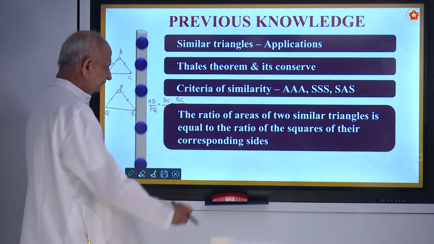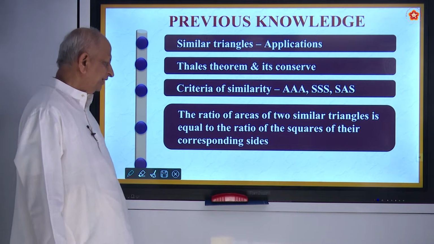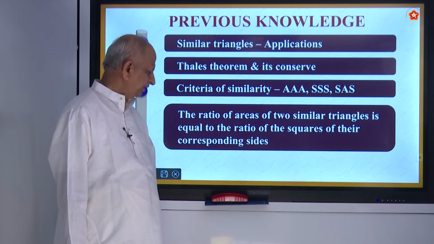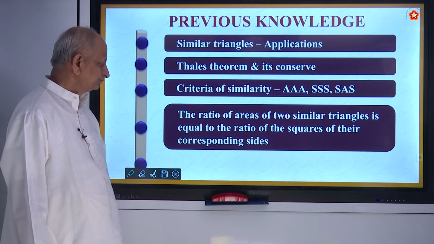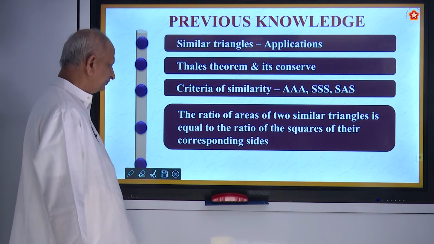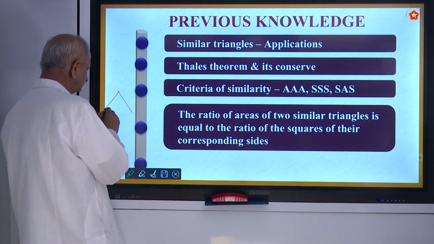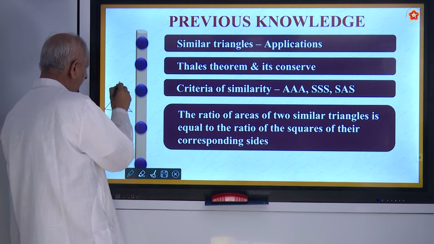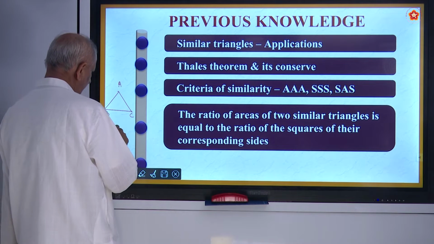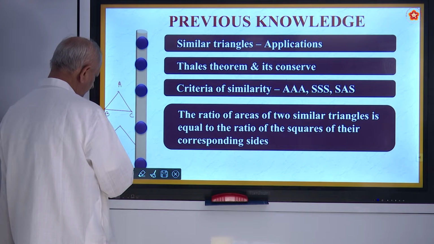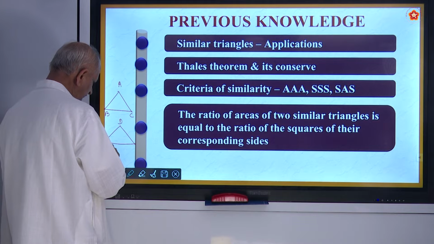Also, we have seen that the ratio of areas of two similar triangles is equal to the ratio of the squares of their corresponding sides. Areas of two triangles, so we say two triangles ABC and say DEF.